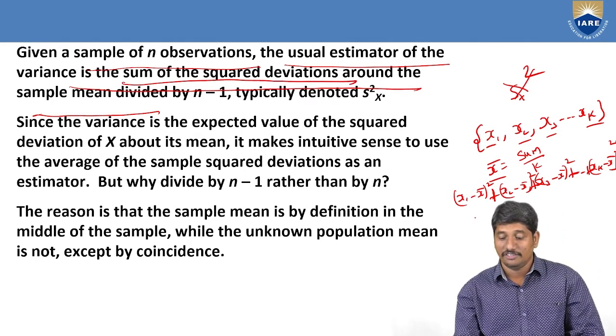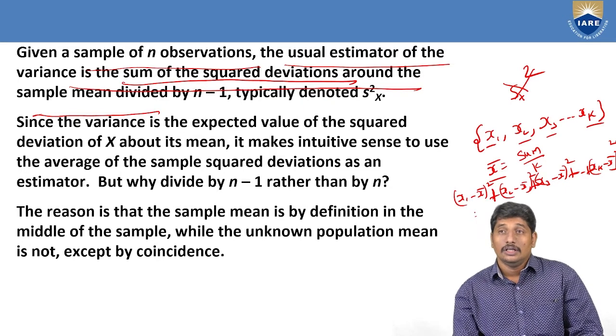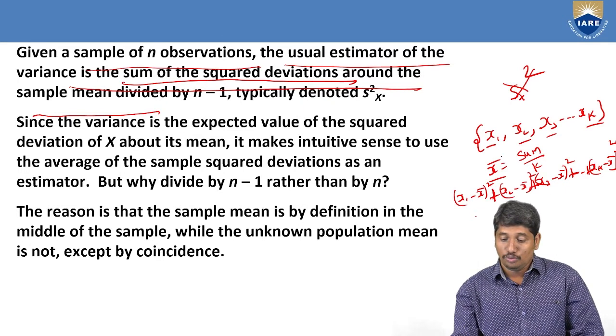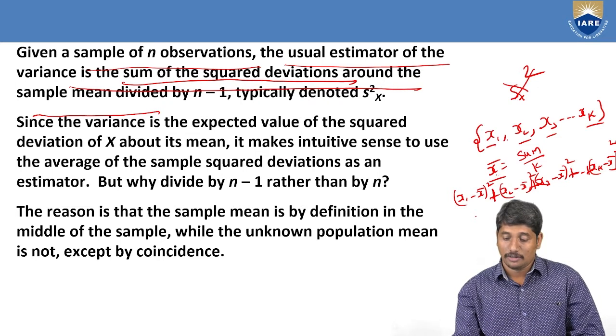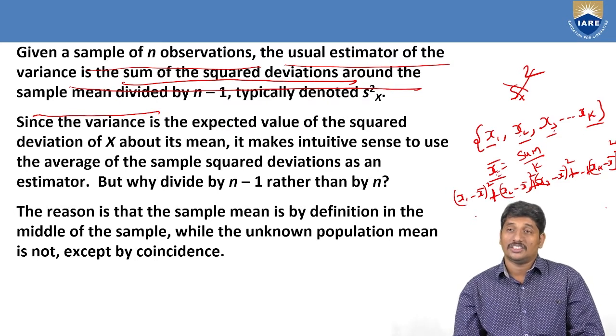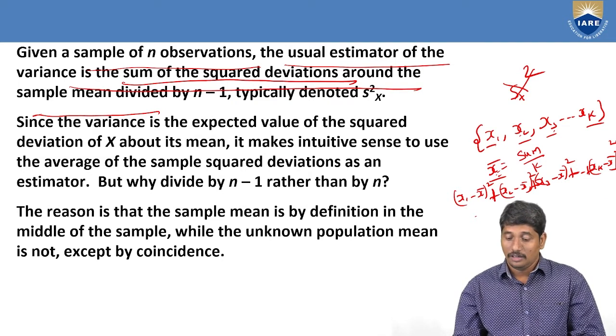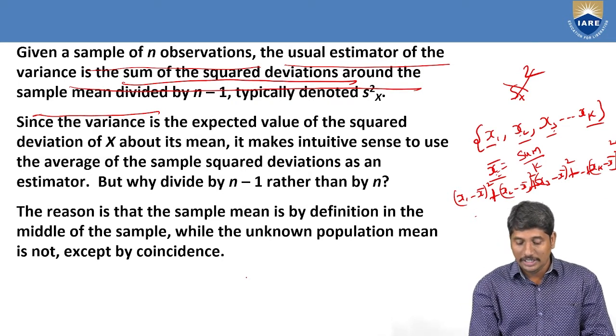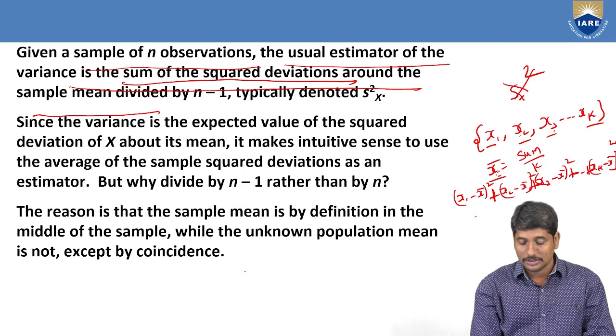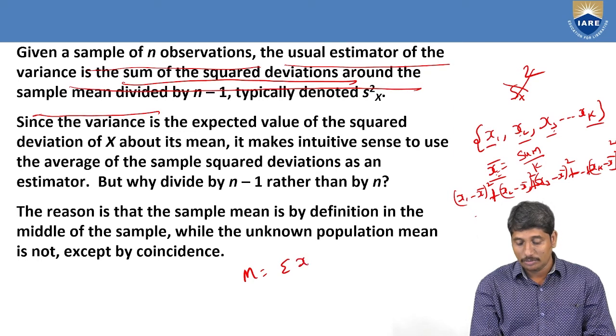It means taking the difference between each value and the mean: first value minus mean squared, plus second value minus mean squared, plus third value minus mean squared, and so on. We are taking the sum of squares of deviations of the values from the mean. Suppose we name it M. M is equal to the summation of (xi minus x bar) square.